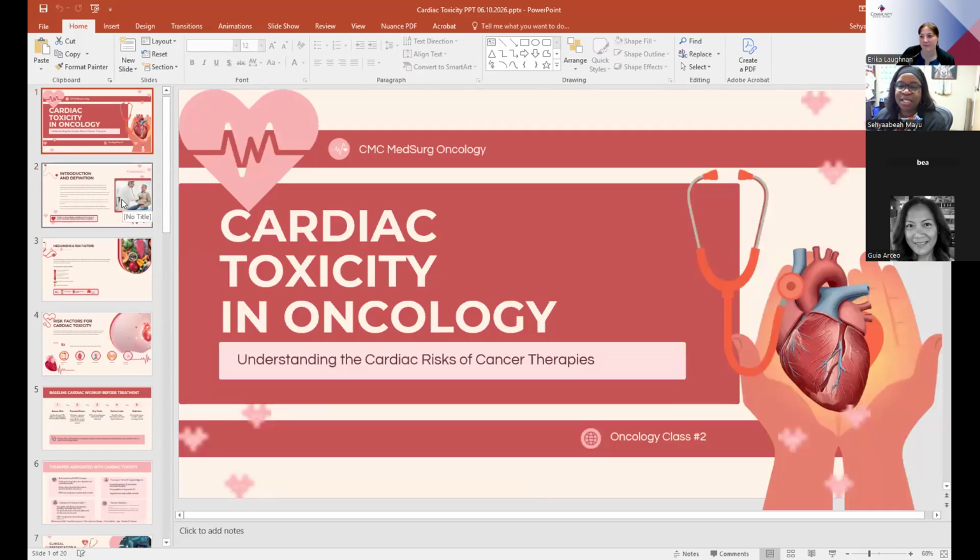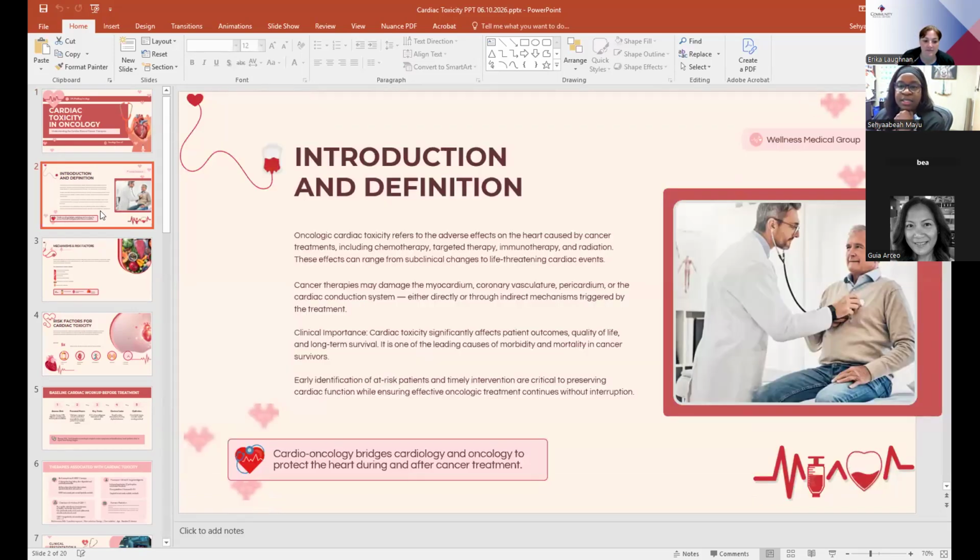This one is dealing with cardiac toxicity. So we are going to be highlighting exactly what oncologic cardiac toxicity we're referencing, and the adverse effects for these patients on the heart caused by the cancer treatments, either chemotherapy, targeted therapy, immunotherapy, or radiation.